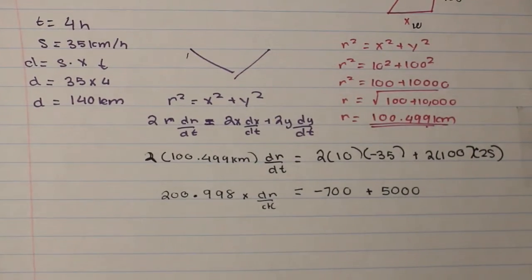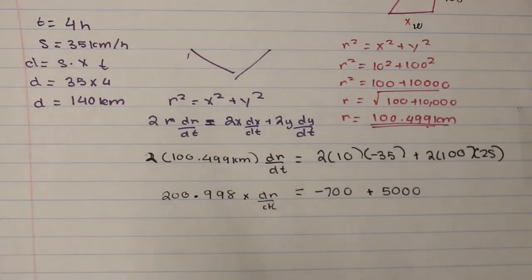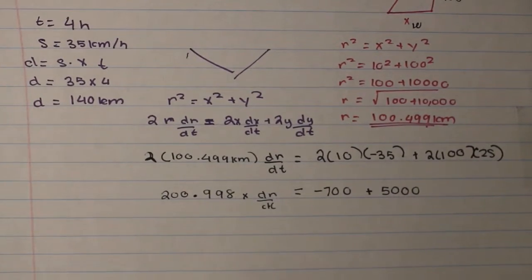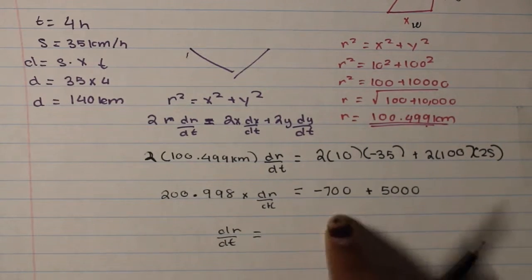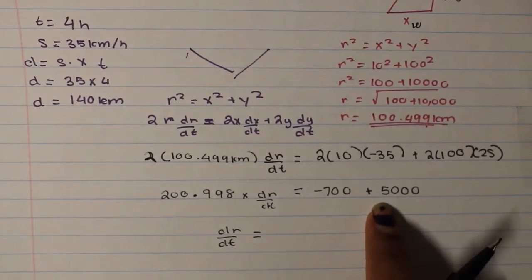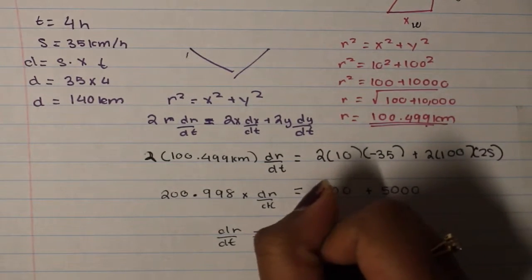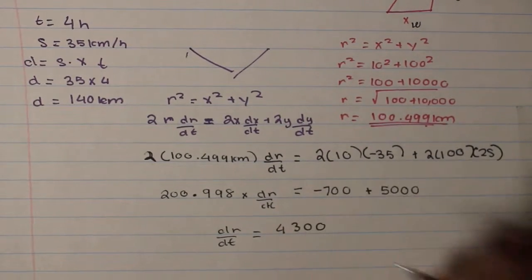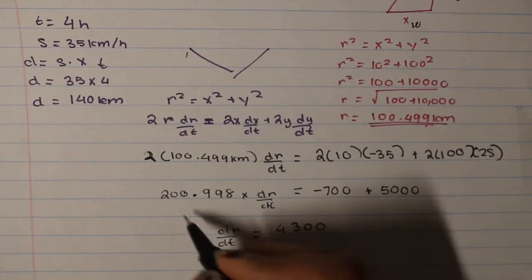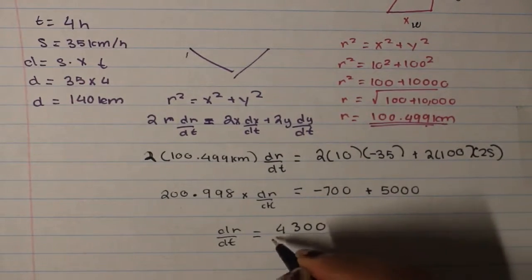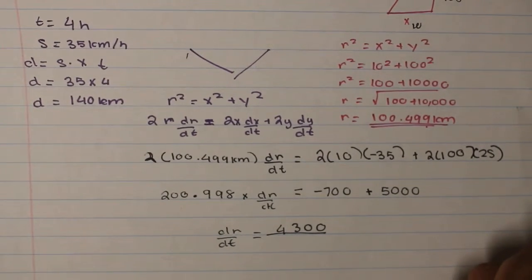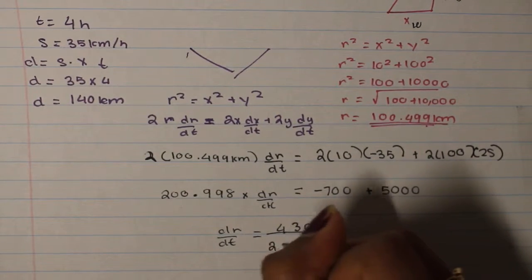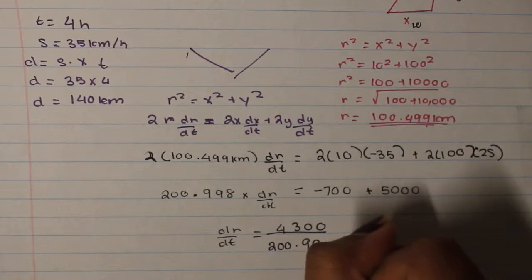With this simple equation, now I can finally isolate for dr over dt. So dr over dt is equal to negative 700 plus 5,000, which would give me 4,300. And I would now divide it by what was on the left side initially, so I would divide 4,300 by 200.998.